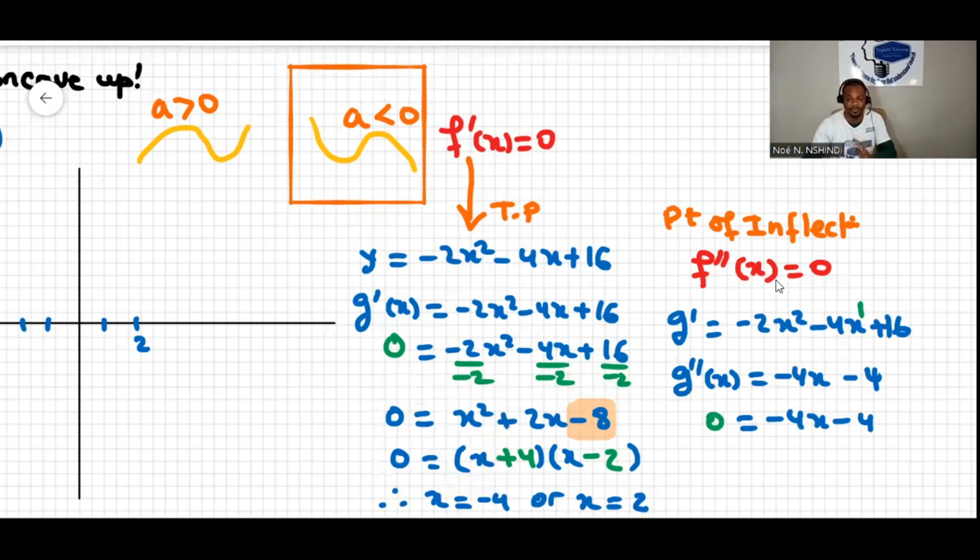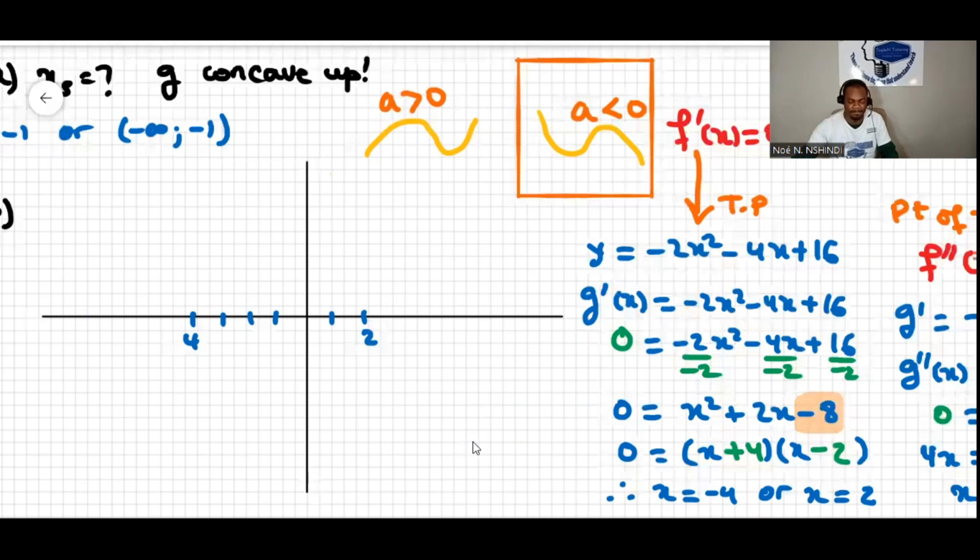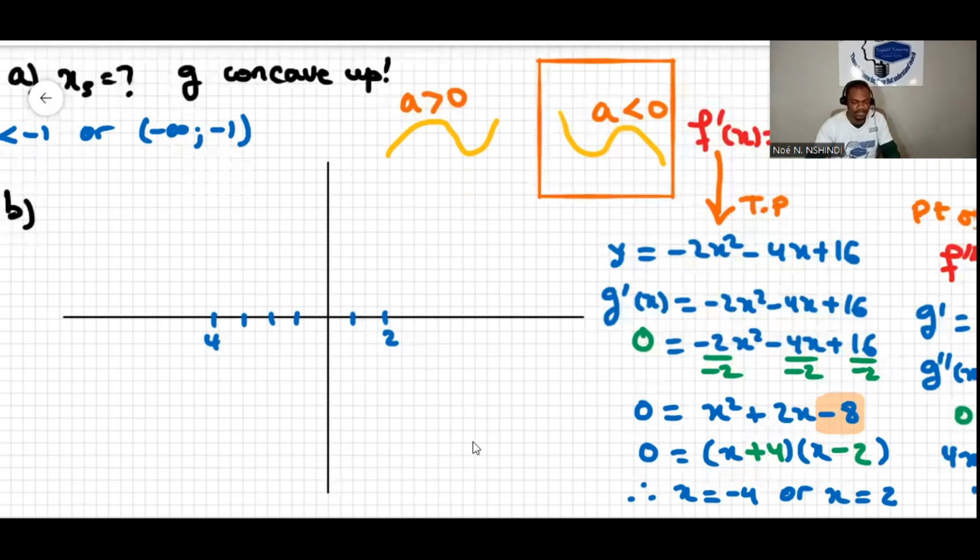If I move -4x over, that will be 4x equal to -4, and dividing both sides by 4, we get x equal to -1. This is the point of inflection. So it is over here, between -4 and -1. Now I know my graph must look like this.